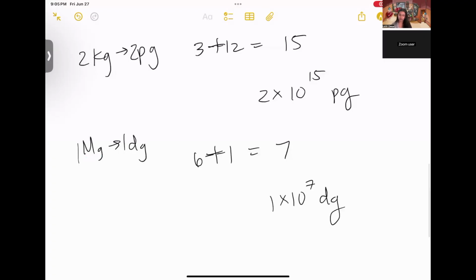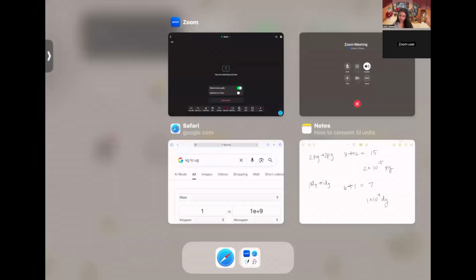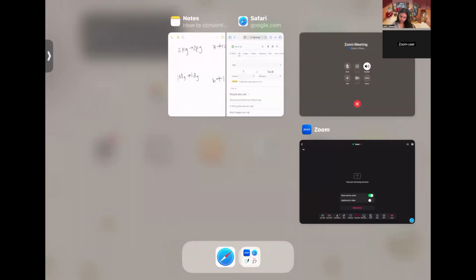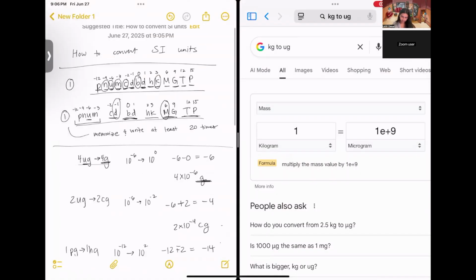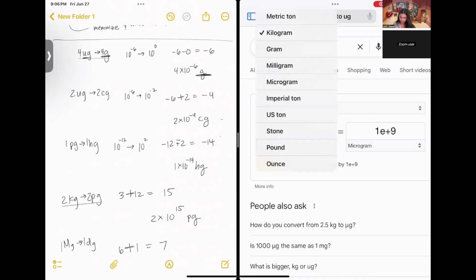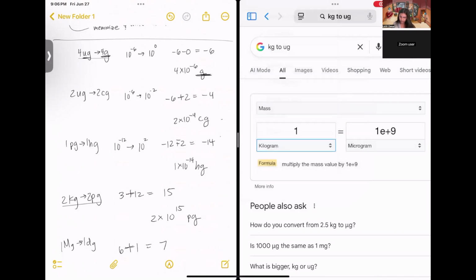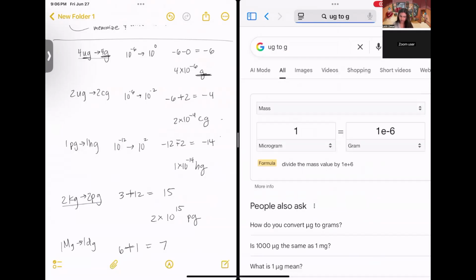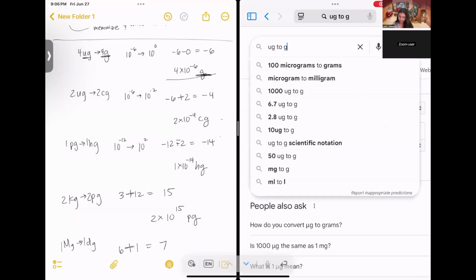Okay, now we can double check our work. So this one is 10 to the negative 6, so we got that here.